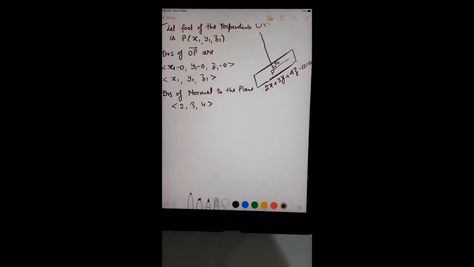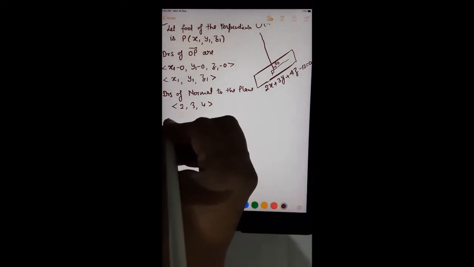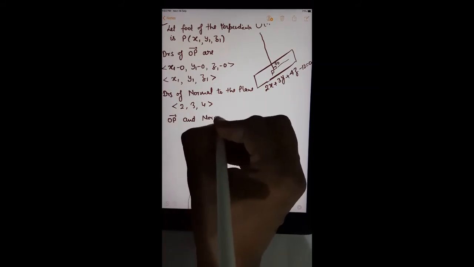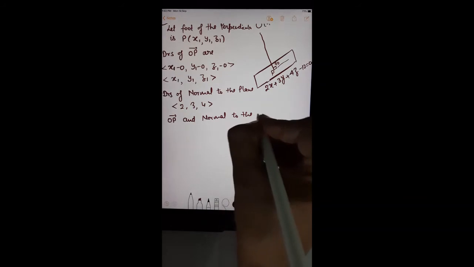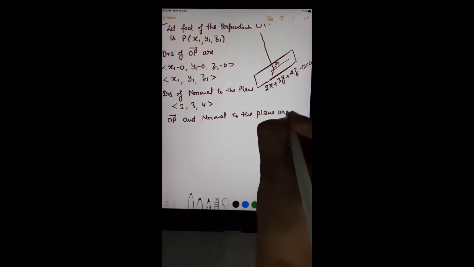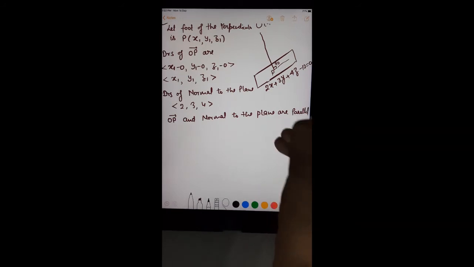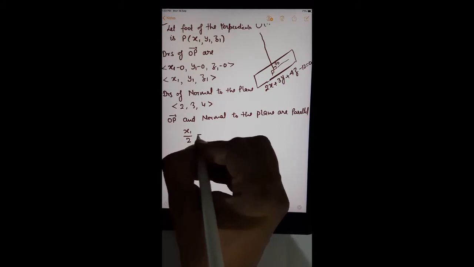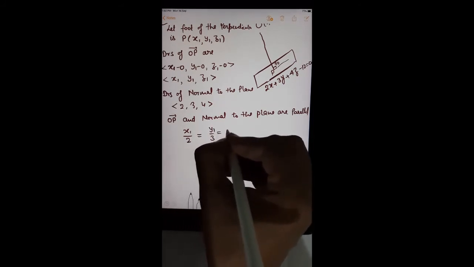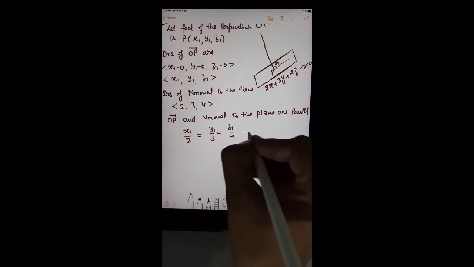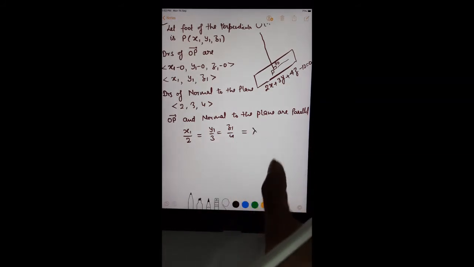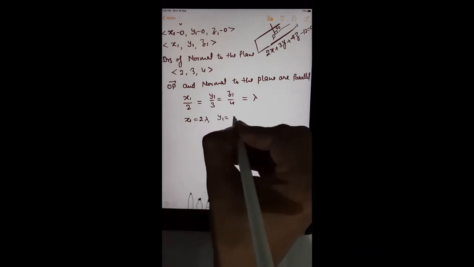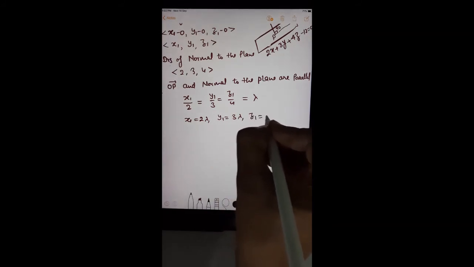Therefore the direction ratios are proportional. x1 upon 2 is equal to y1 upon 3 is equal to z1 upon 4, let it be equal to lambda. Then the value of x1 is 2 lambda, y1 is 3 lambda, and z1 is 4 lambda.